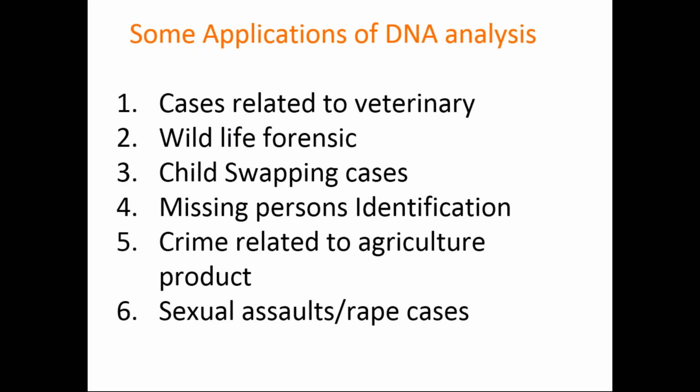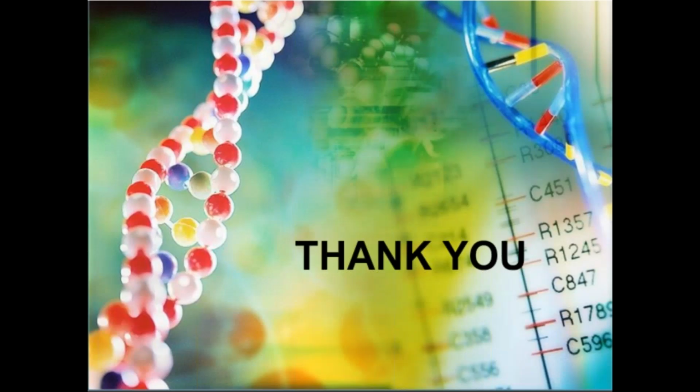For example, BT cotton seeds without the Cry gene and BT genes. In such cases, to solve agriculture crimes, we can again use DNA fingerprinting or DNA profiling or DNA analysis. We can also solve sexual assault cases or rape cases by utilizing Y-STR profiling, or we can identify how many persons were involved in those sexual assault cases.